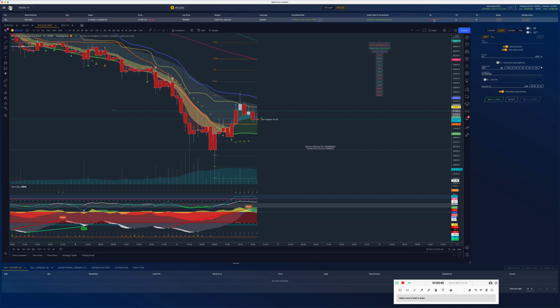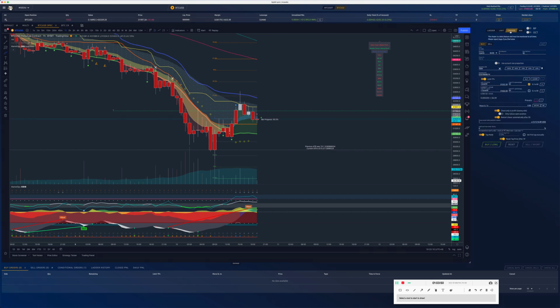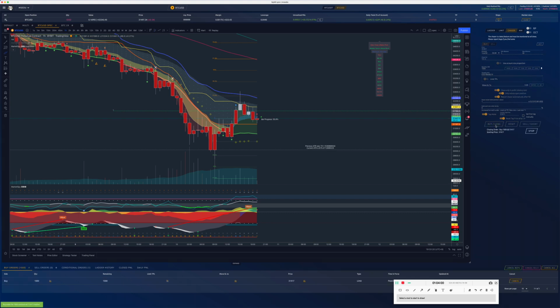But as long as it's there, keep it. Use chaser now to pick up the rest of it if possible, and do it like so. Only reduce, buy, and start buying into it.